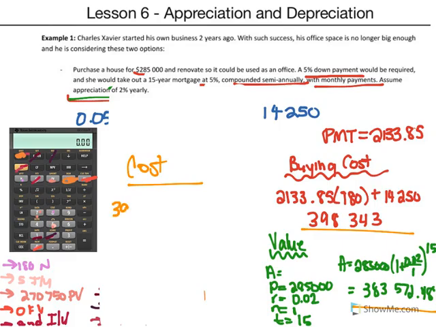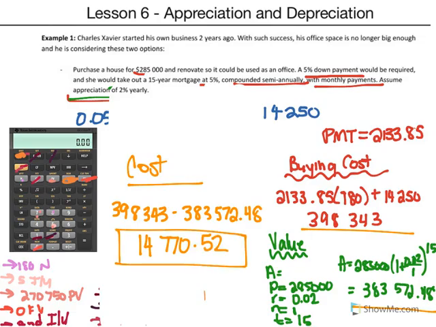So you're going to take the $398,343 and subtract how much the house is worth, which is $383,572.48. So really, it only cost you $14,770.52 to buy this house because this is an asset to your name.